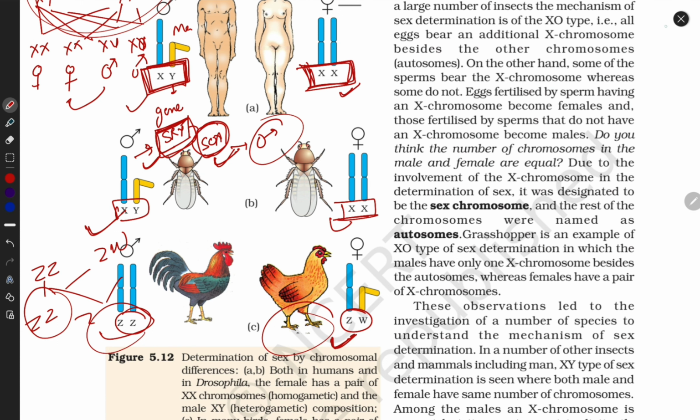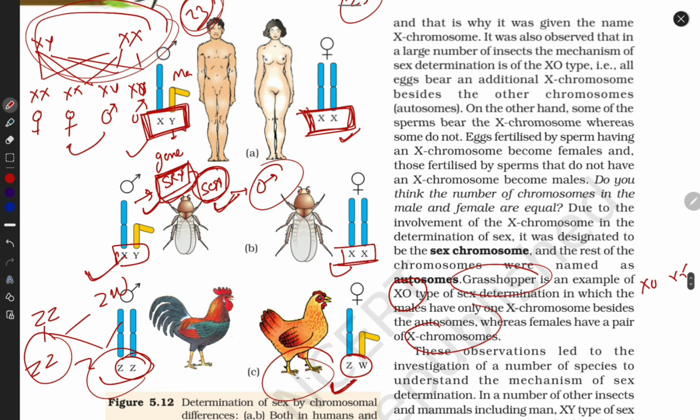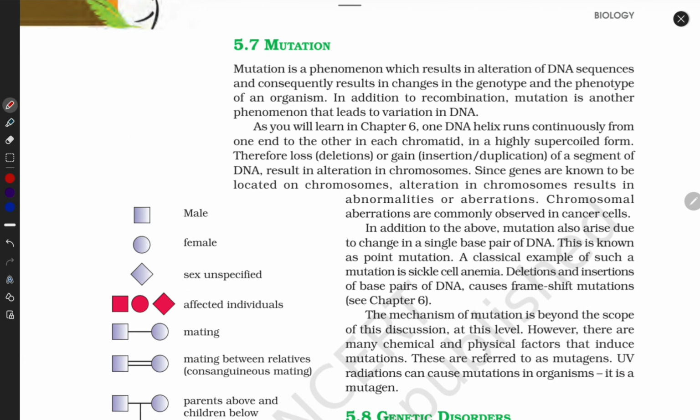Here is another cross between grasshoppers, with chromosome structures XO and XX. So with the help of the cross, you can assume whether a boy child or a girl child will occur.